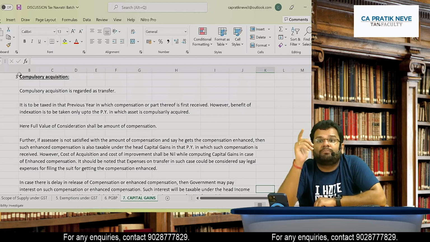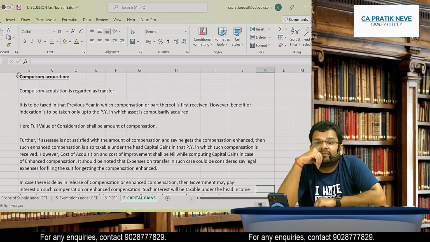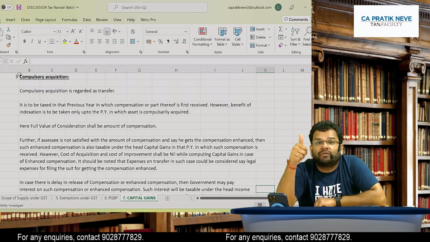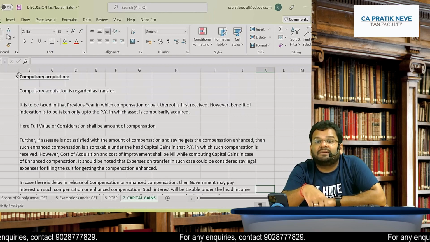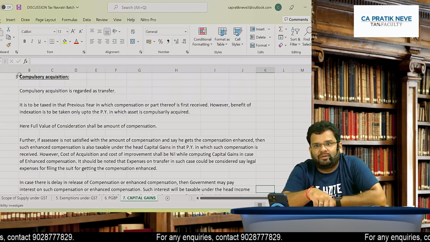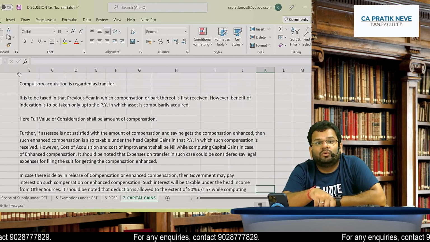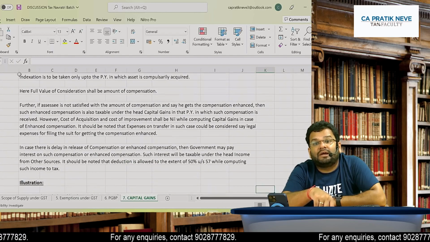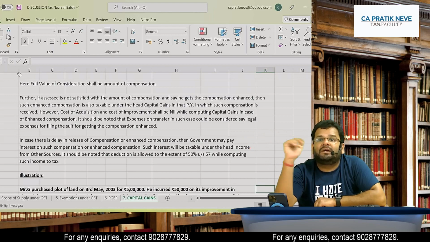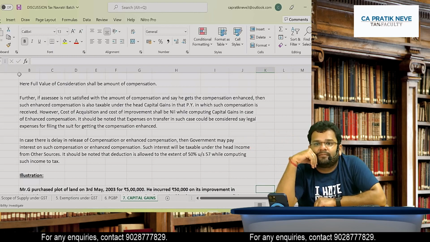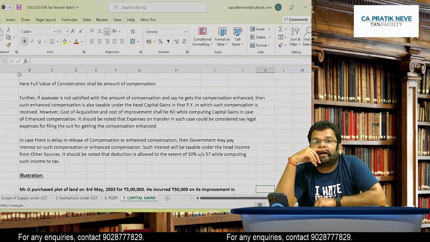For enhanced compensation, the cost of acquisition and cost of improvement is always taken as 0. Why it is taken as 0? Already you have claimed it as deduction while computing your original capital gains, right?